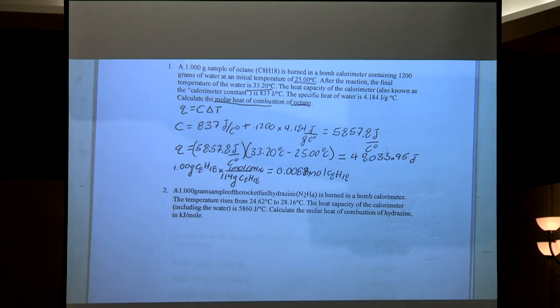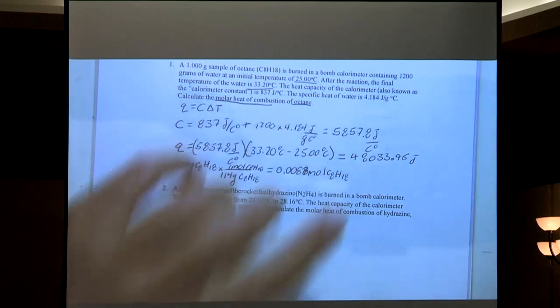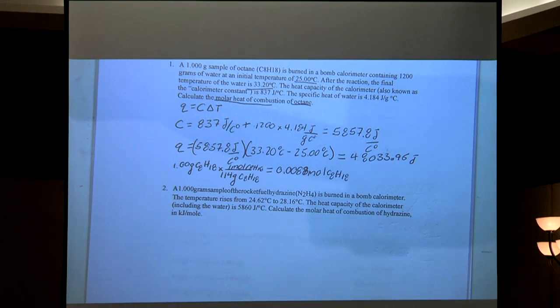So when I burn a mole of it, do you expect the number to be a lot higher or a lot lower than this amount of energy? Molar heat. Lower? Why? This is the heat for the entire 1 gram sample.